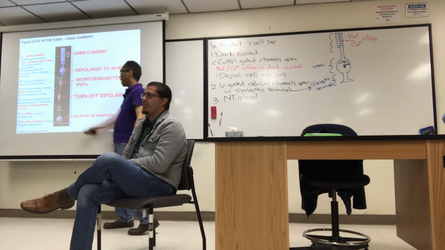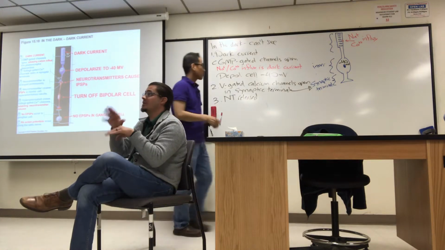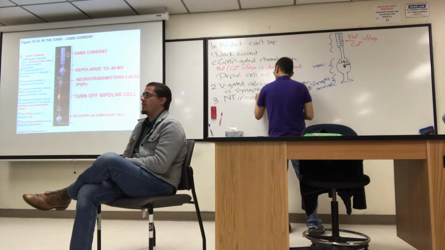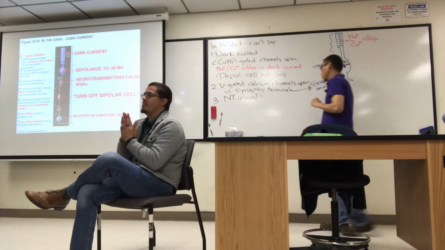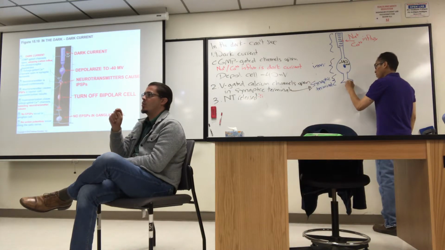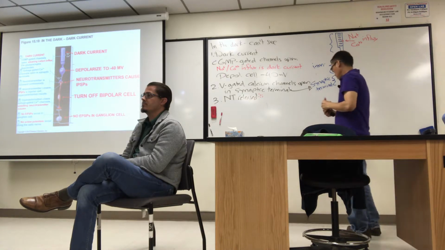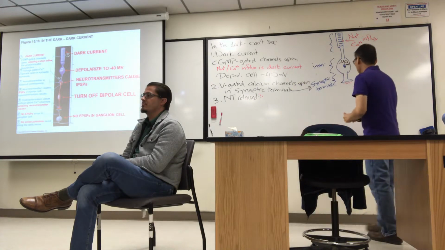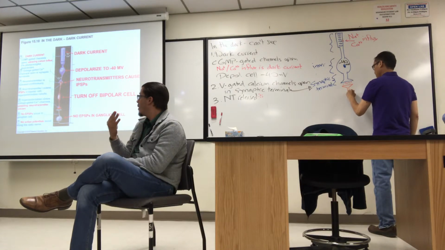It's released onto the next cell, the bipolar cell. I'll draw little red balls to illustrate neurotransmitters right here. The bipolar cell is affected.